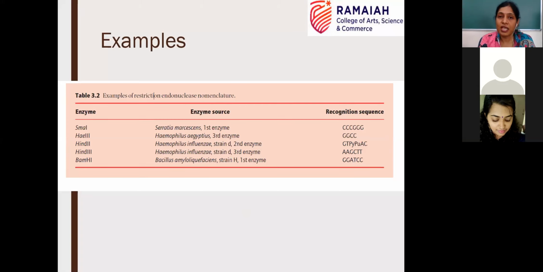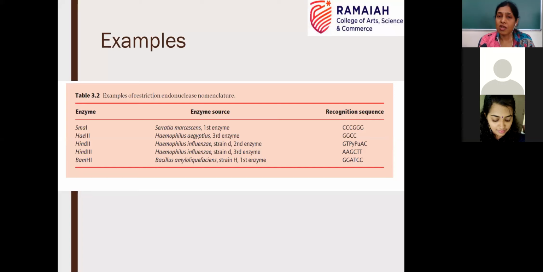From the genus name, E had been taken. Coli, CO had been taken. Here, R is not the strain actually. The enzyme is encoded by the R plasmid, the plasmid which is responsible for antibiotic resistance. That's why EcoR is mentioned there. And I is the first enzyme.